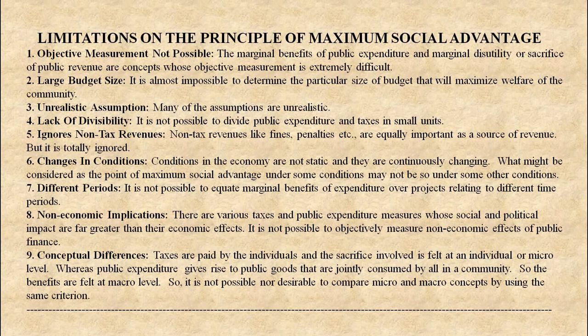The last limitation, conceptual differences. Taxes are paid by individuals and the sacrifice involved is felt at an individual or micro level, whereas public expenditure gives rise to public goods that are jointly consumed by all in a community, so benefits are felt at the macro level. So it is not possible nor desirable to compare micro and macro concepts by using the same criteria. These are the limitations of this theory.